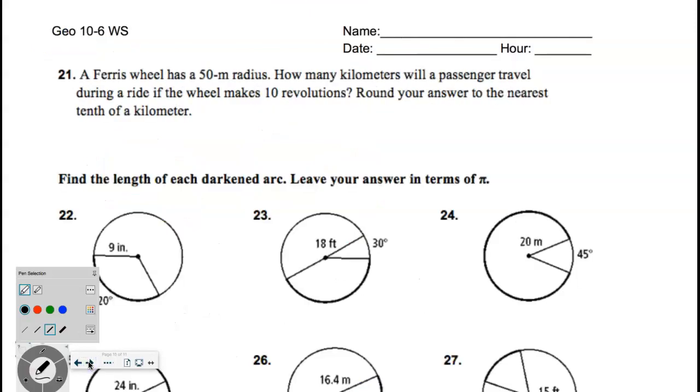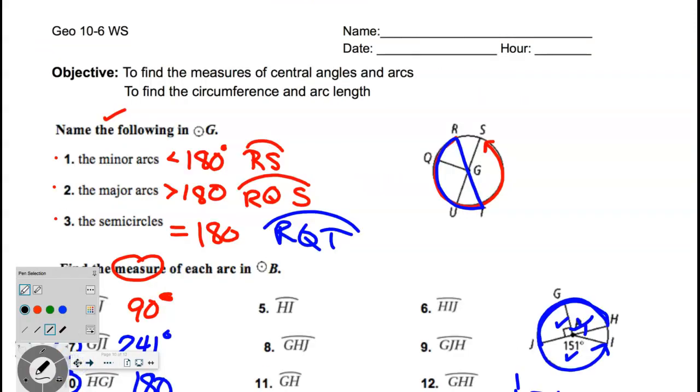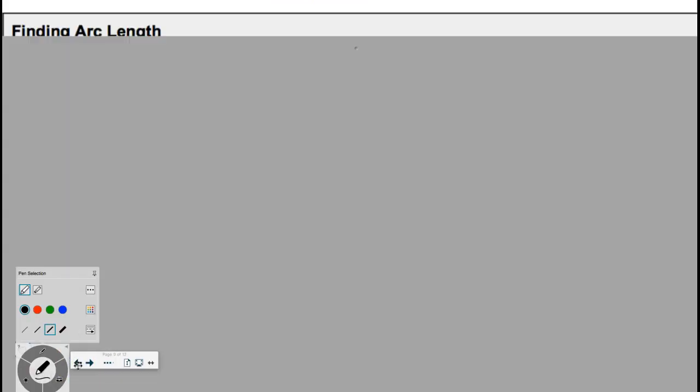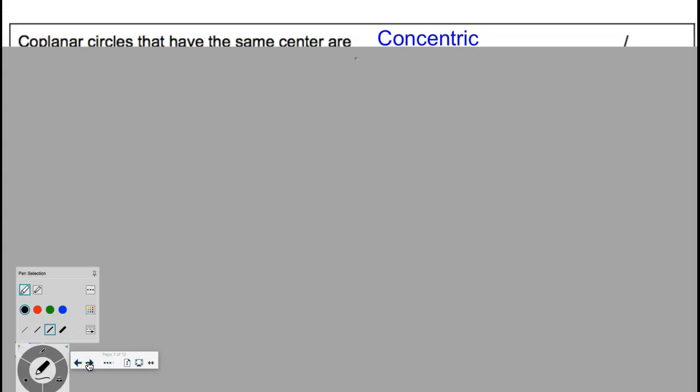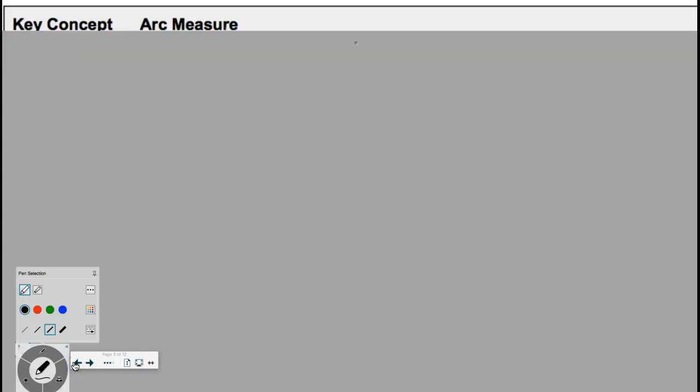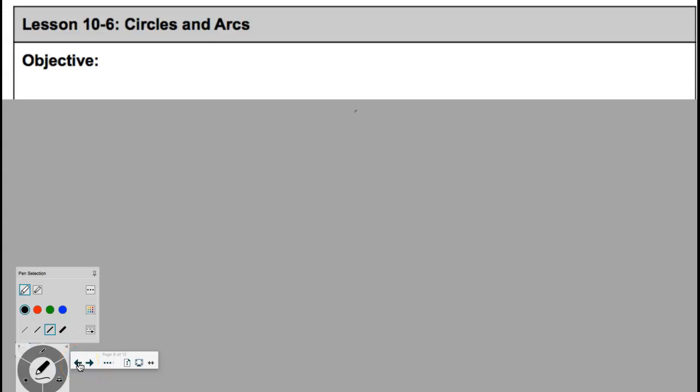So then we're going to hop in our notes, which I think I have to go backwards for. All right, so 10-6 we're on. They have shades up on here.